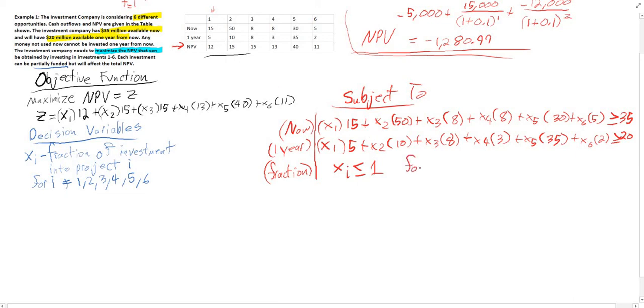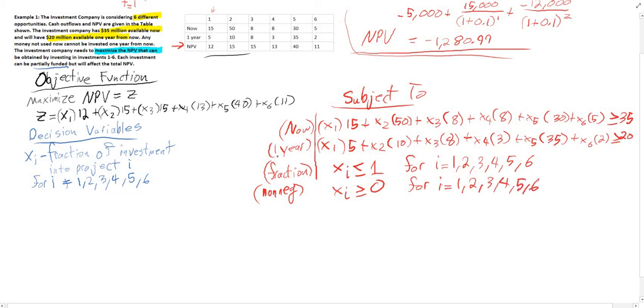So that would be for i equals 1 all the way through 6. And then, of course, we need our non-negativity. x of i has to be greater than 0 for i equals 1, 2, 3, 4, 5, and 6.